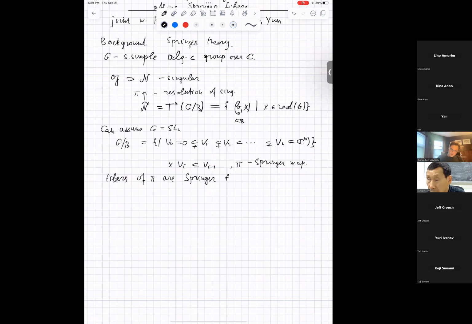So Springer fibers. Again, these parametrize flags preserved by a given matrix.